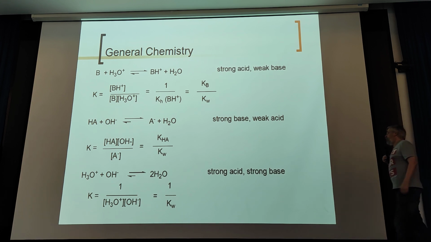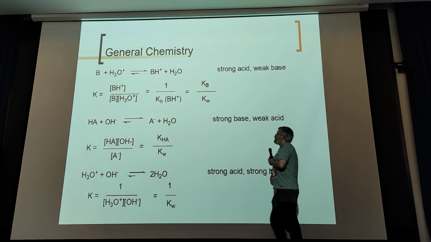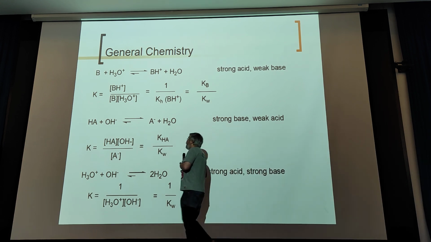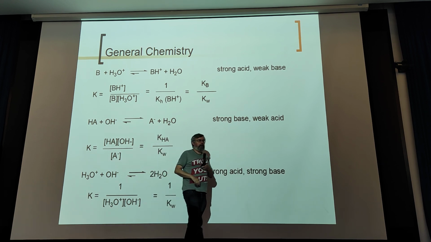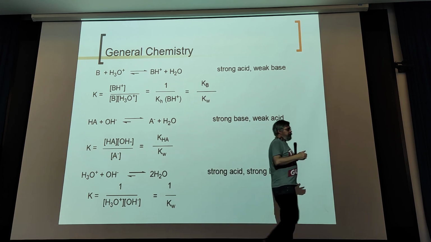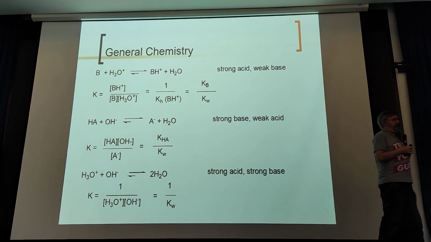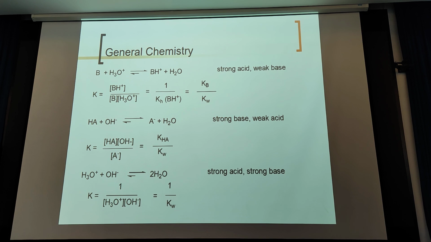And you can see that this is actually going to be 1 over the hydrolysis constant of the A minus, or in other words, K HA divided by Kw. Very similar to the basic hydrolysis.